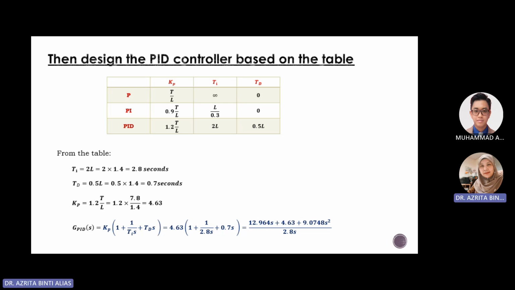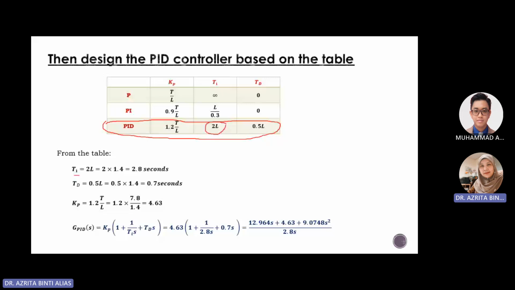Since the question asks us to design the PID controller, we just refer to this row for the PID controller. For the value of TI, from this table, TI is equal to 2L.